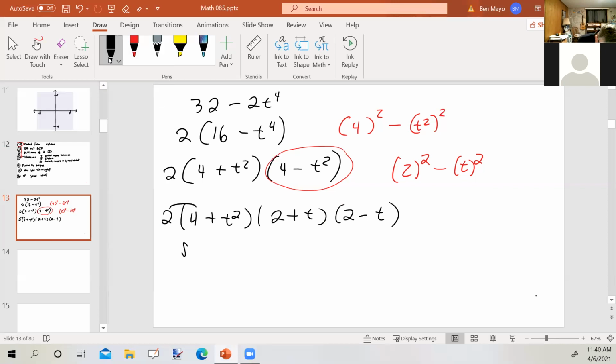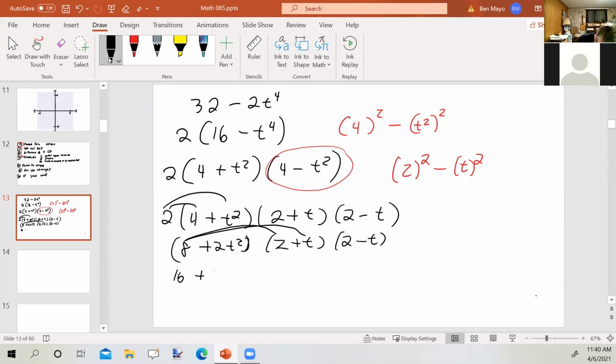Well, this would be 8 plus 2t squared. And this would be 16 plus 8t plus 4t squared plus 2t cubed.